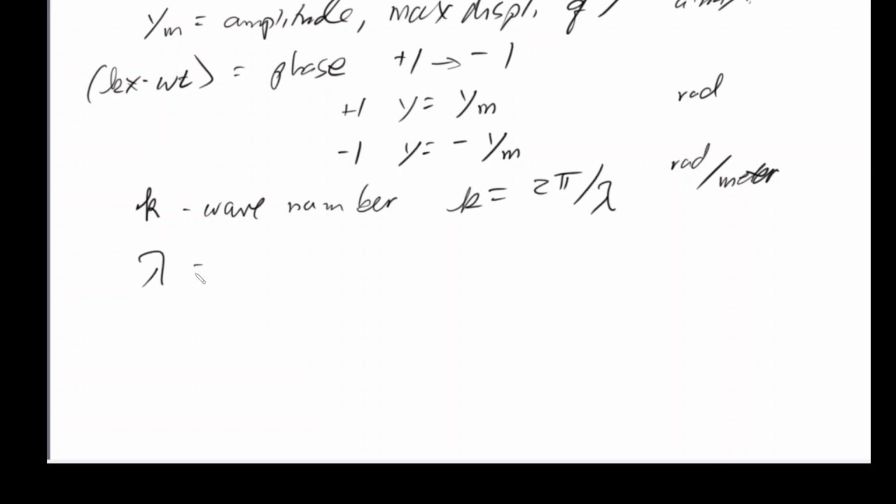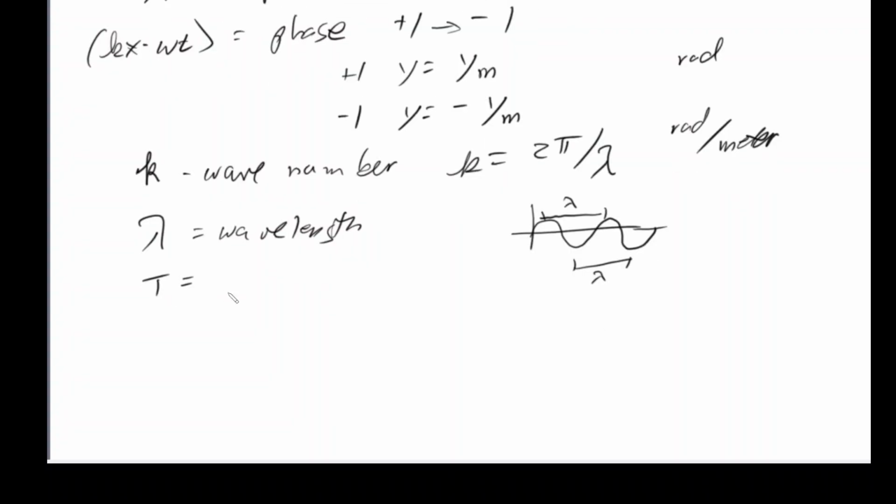Wavelength is the distance between the same points in a wave. For example, peak to peak. So that's one wavelength. Or it could be trough to trough. That's one wavelength.